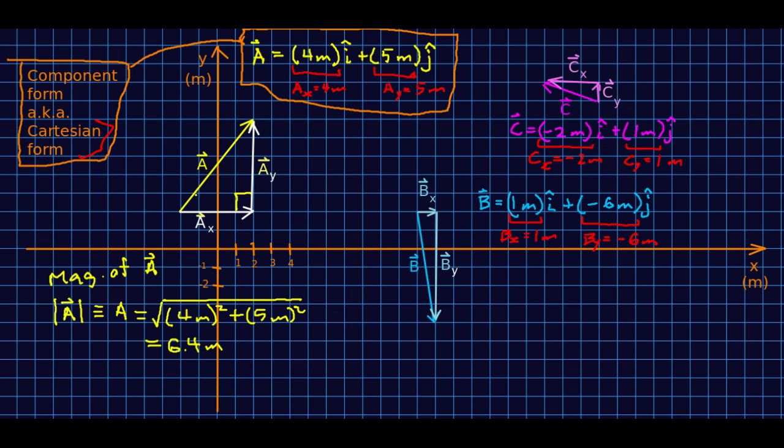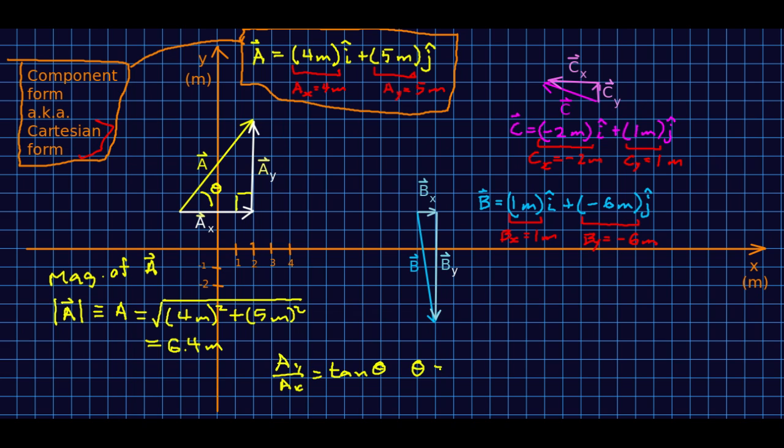And now I can find the direction. So to find the direction, we need to define an angle. So I'm going to define this angle here as, I'll call it theta. And we just do our usual trig. Our opposite over adjacent would be tan theta.